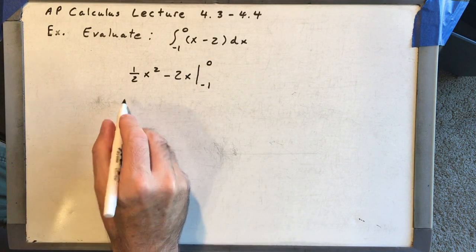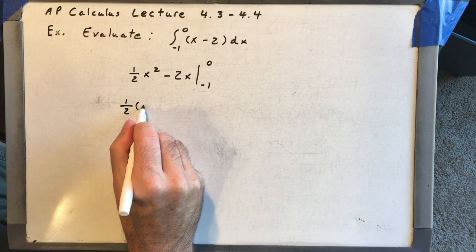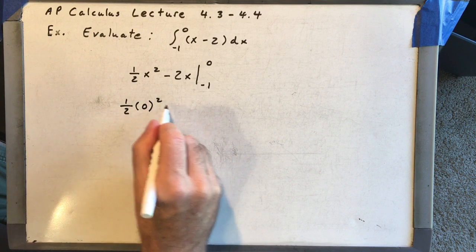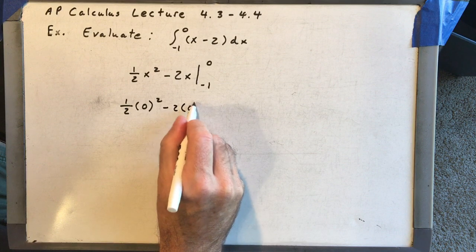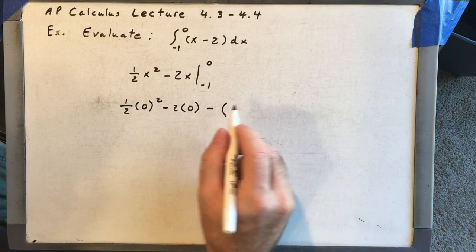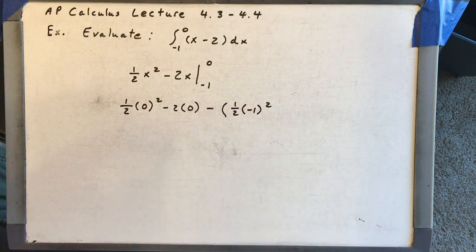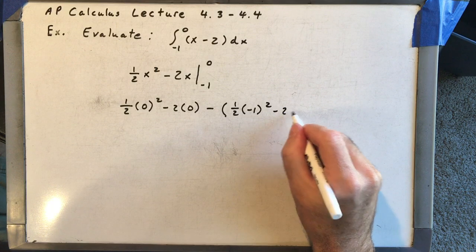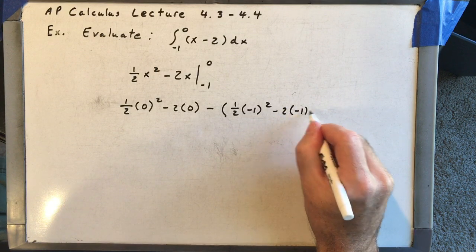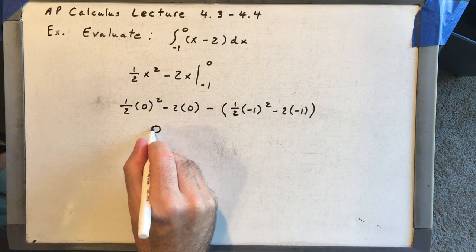Got to be really careful with our signs here. So we've got 1/2 times 0 squared minus 2 times 0 minus, let's put a left parenthesis, 1/2 times -1 squared minus 2 times -1. Close the parenthesis. It's really easy to mess up your signs here.